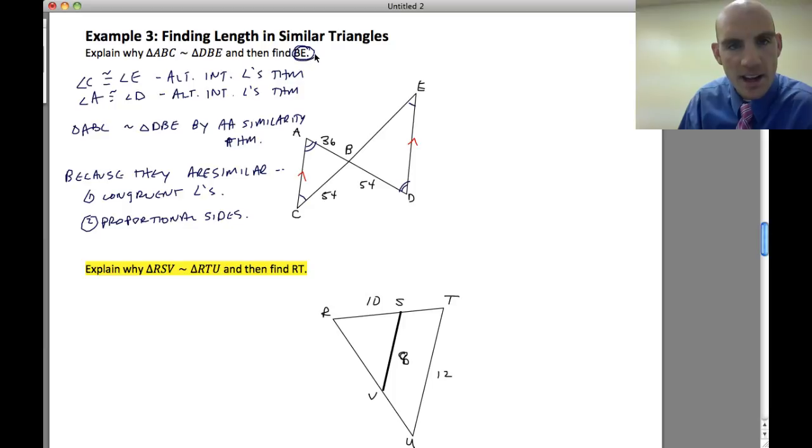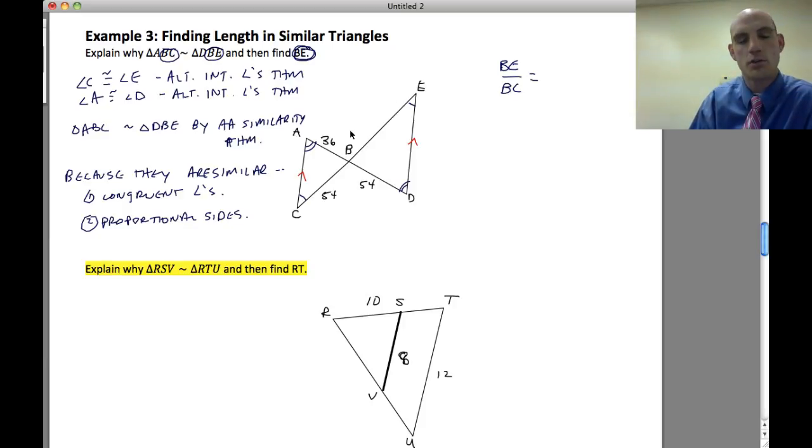We are going to be finding a side, BE. So side BE is going to be compared with side BC. So BE over BC is equal to, let's look at what we've got. BE is what I want. BC is what I have. So I'm going to be comparing that to something from the big triangle and something from the little triangle.